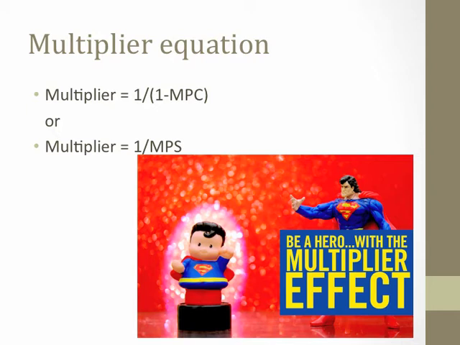At the moment, if you remember from the previous video, my example was that the MPC was 0.8, which means by definition the MPS must be 0.2 because they equal 1. So 1 minus 0.8 equals 0.2. If that is our MPS, we do 1 over 0.2, and that equals 5. And so our multiplier will equal 5.